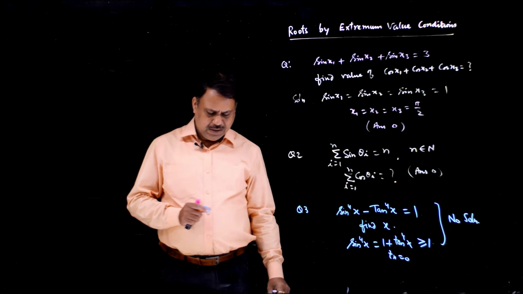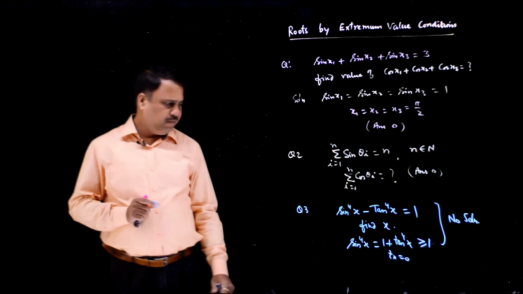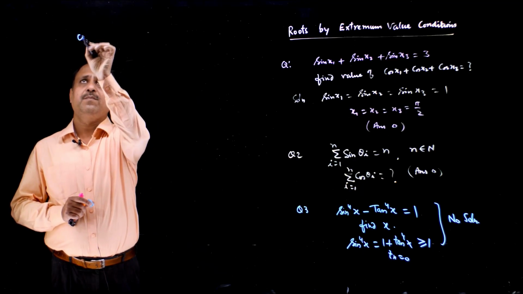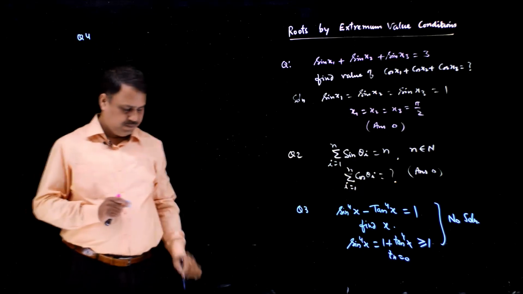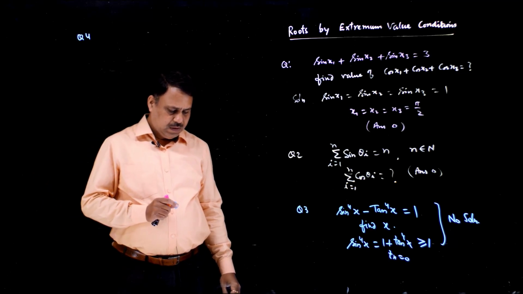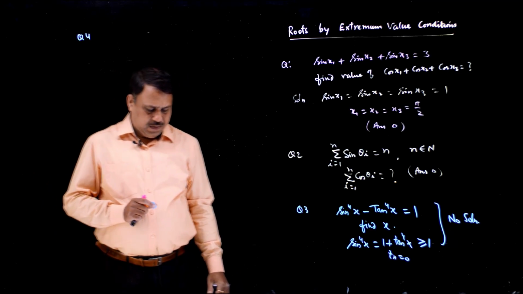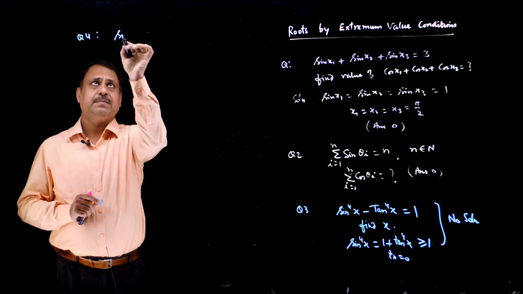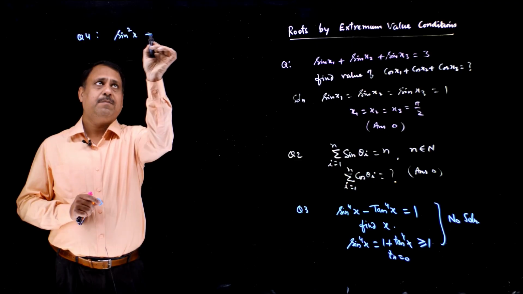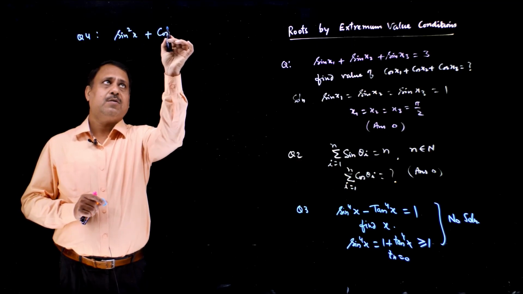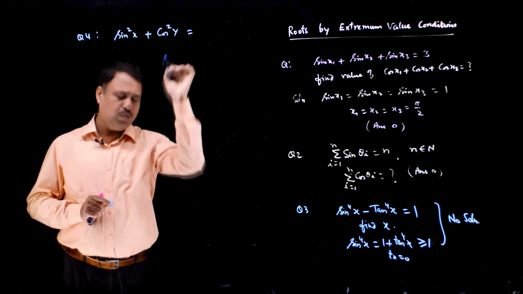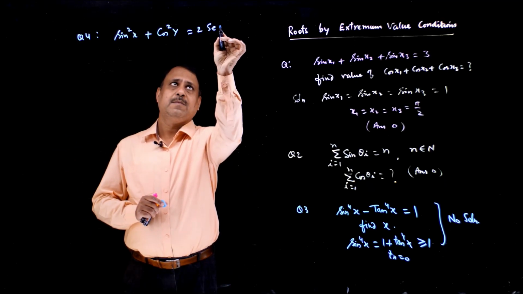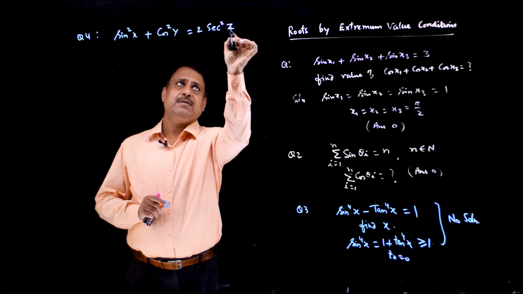Next question, question number 4: sin square x plus cos square y is equal to 2 sec square z.